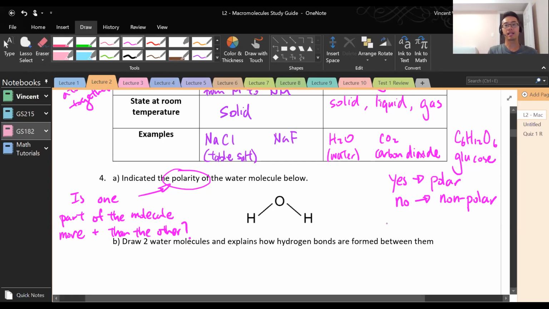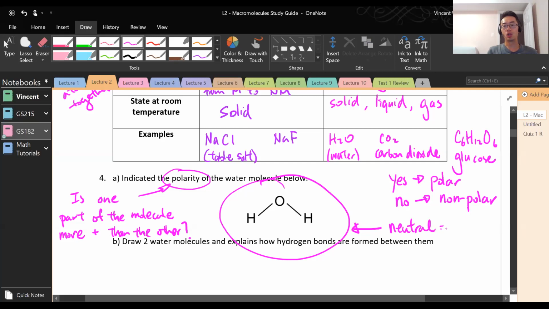If I say Cl minus, it means it has an extra electron. So this one is charged. This is a charged particle. But if I just say polar, then overall this molecule is neutral.